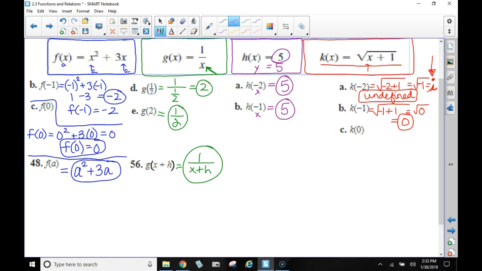Okay? K evaluated at 0 is the square root of, replace the x with a 0. So k evaluated at 0 is just square root of 1, which is 1. Okay, so k evaluated at 0 equals 1. There is another xy ordered pair. If I were going to graph this function, I would be putting a dot there as well.